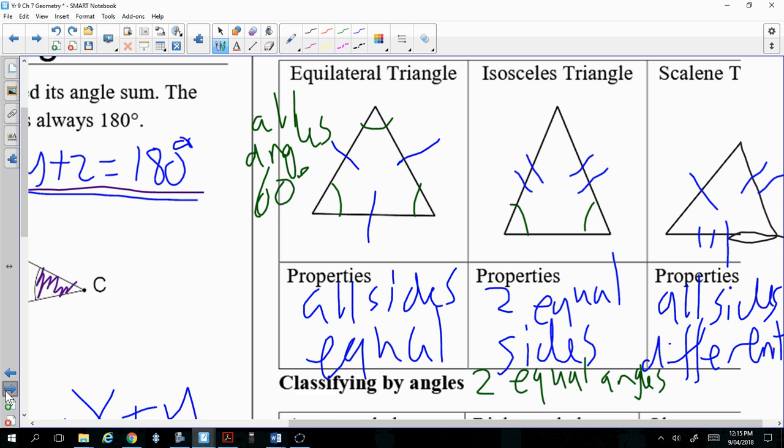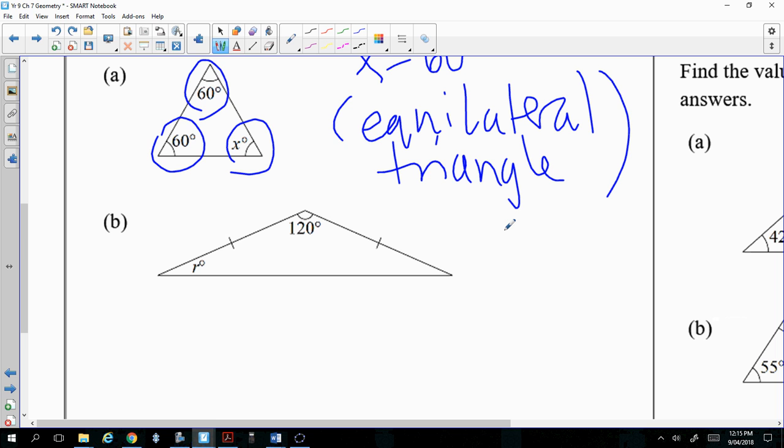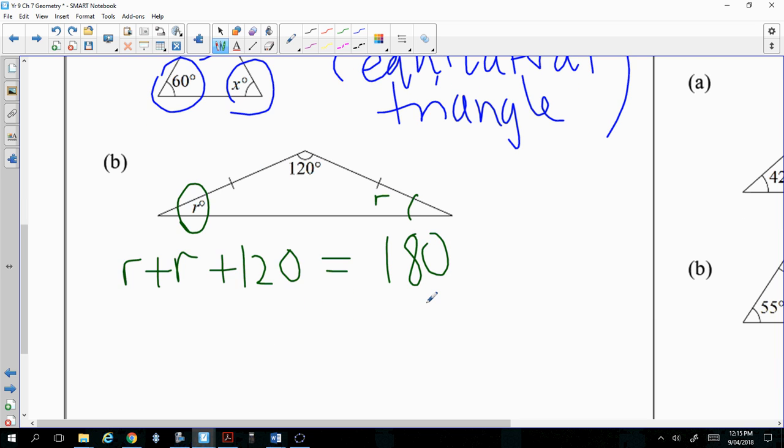So for this one, being an isosceles triangle will tell us that these two angles are the same. And because with the algebra, we can write an equation. We can write down r plus r plus 120. What do the three angles in a triangle add up to? 180. Now to solve this equation, all we have to do is to add the 2 r's together, which is 2r, like this.